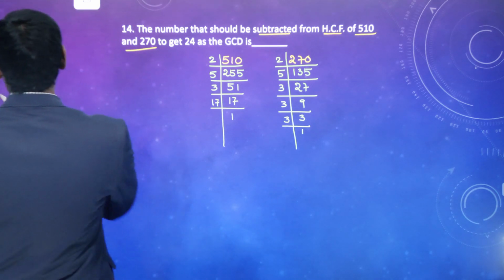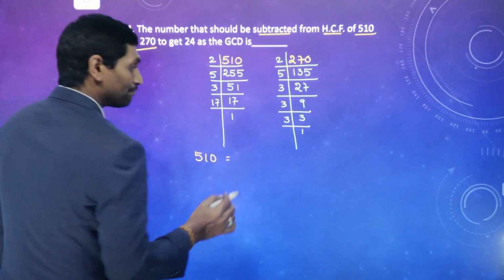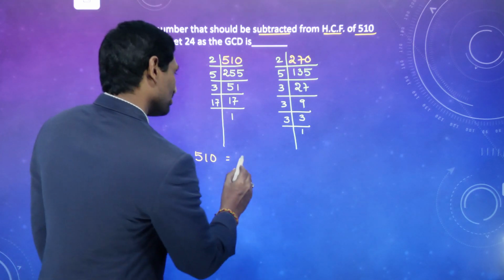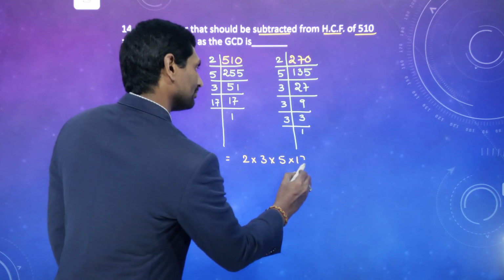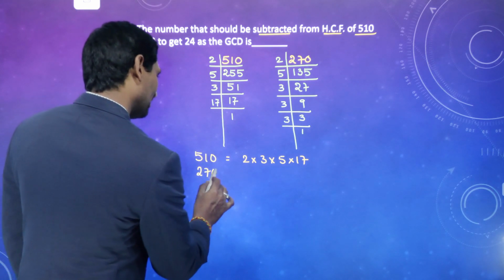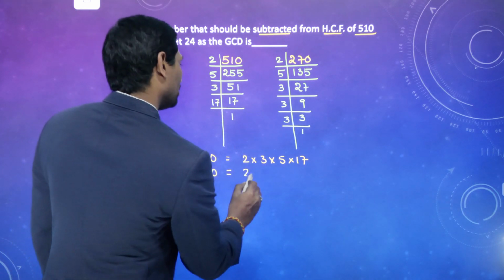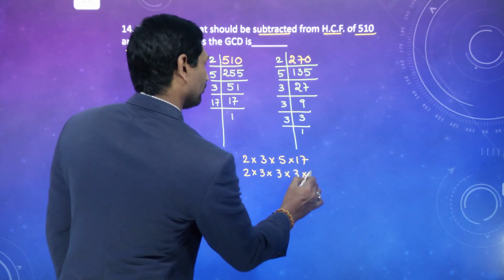So I am writing all its prime factors. 510, I am writing the prime factors in ascending order: 2 into 3 into 5 into 17. Okay. And 270, which is 2 into 3 into 3 into 3 into 5.